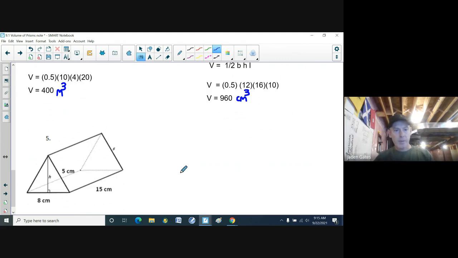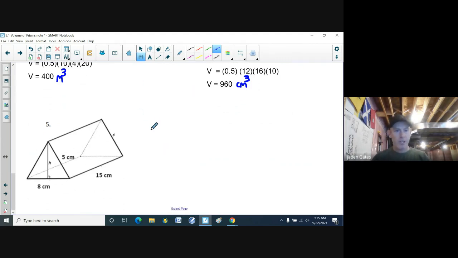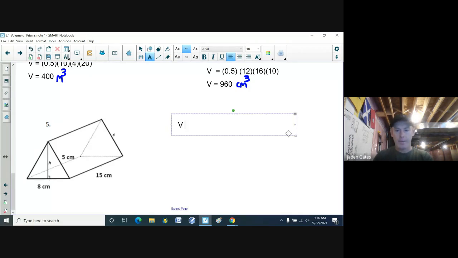All right, so next up, number 5. Again, we've got ourselves a triangular prism. It kind of looks like my Toblerone bars, which are one of my favorites. Again, I'm going to write down my formula: V is equal to 1/2 base times height times length.